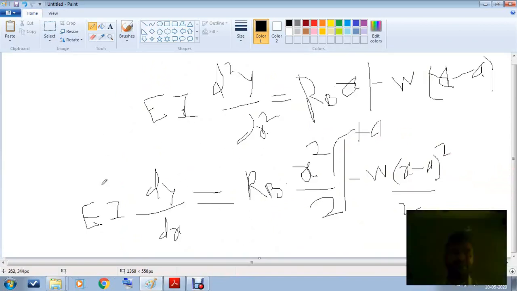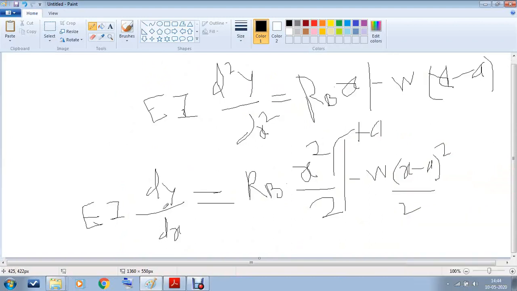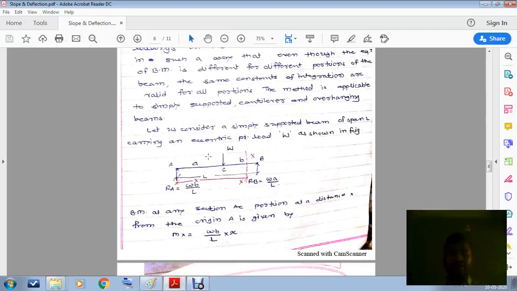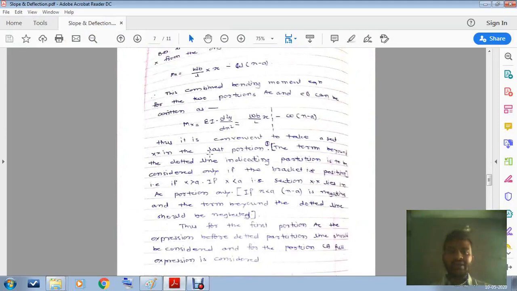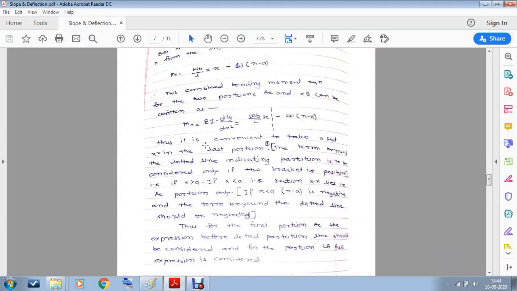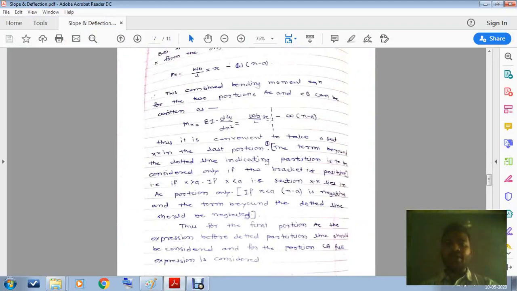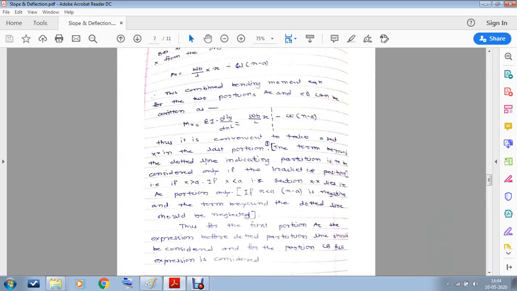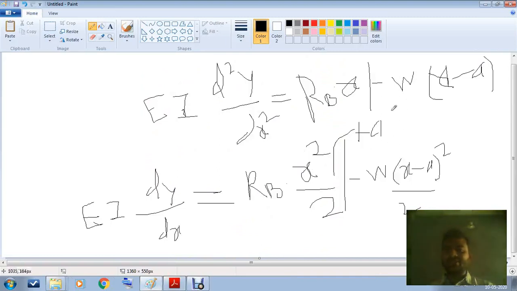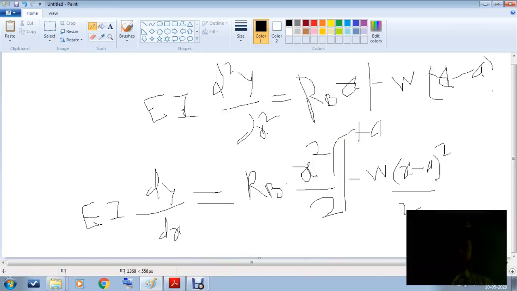Again, if we integrate it, we will get EI y equal to RB into x cube by 6, since x cube by 3 into 2 is 6, plus C1 x, because the integration of C1 is C1 x, plus C2, the second constant, and after the line, minus W into (x minus a) whole cube divided by 6.